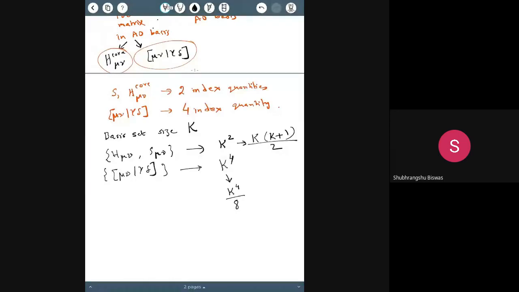But even then, let's say I have 100 basis functions, so k equal to 100, then k into k plus 1 by 2 is roughly 10,000 by 2, which is 5,000 numbers for each one body integral, and k to the power 4 by 8, that is equal to 10 to the power 8 by 8. So that is much, much more than a million.